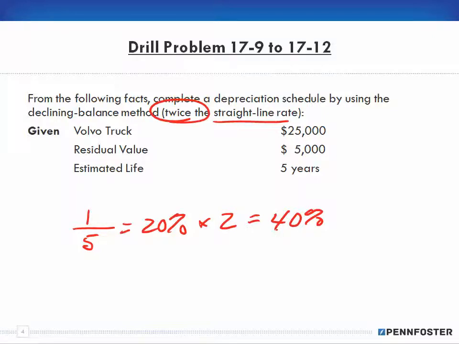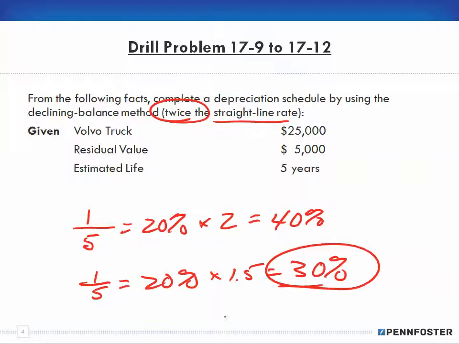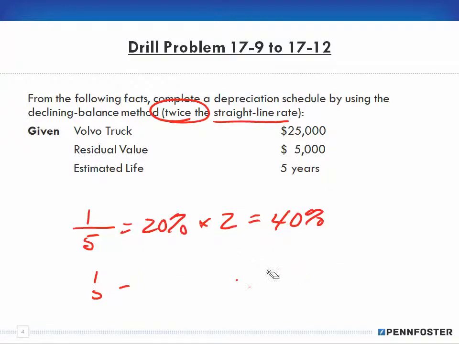If we had decided to use, say, 1.5 instead, we're doing the same math, except instead of multiplying by 2, we'd multiply by 1.5, and that means we'd use 30% in multiplying our book value. But for now we're using twice, so that's 40%.